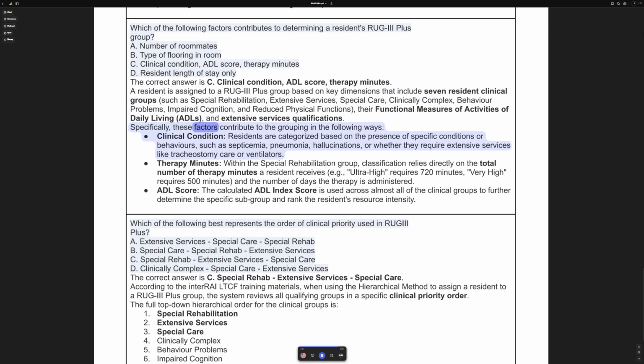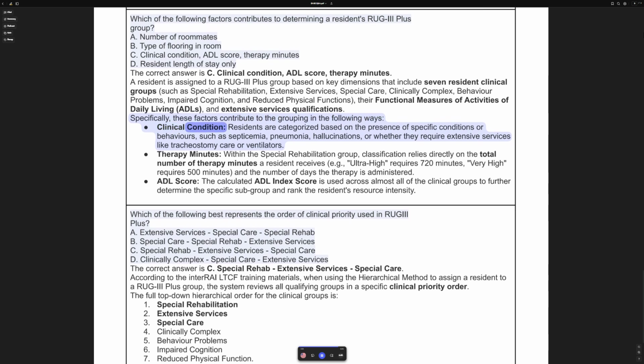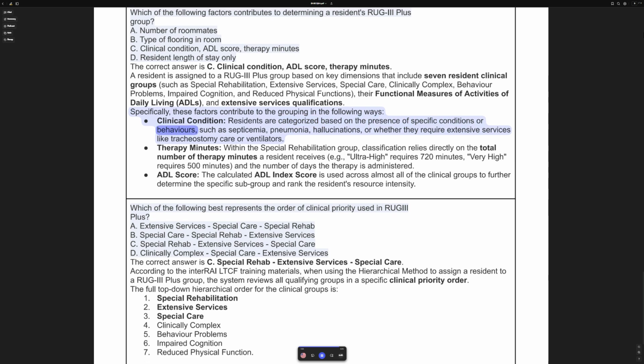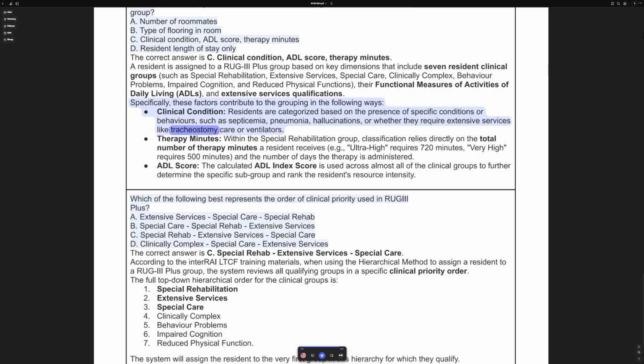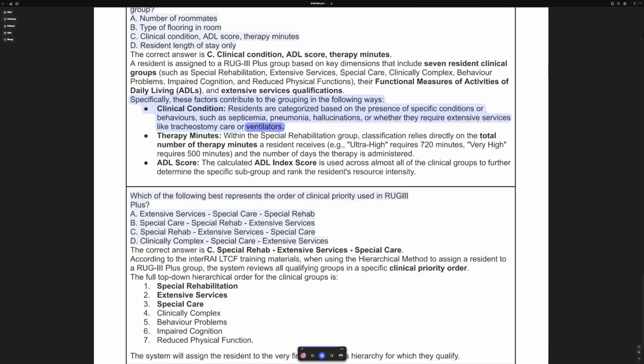Specifically, these factors contribute to the grouping in the following ways. Clinical condition: residents are categorized based on the presence of specific conditions or behaviors, such as septicemia, pneumonia, hallucinations, or whether they require extensive services like tracheostomy care or ventilators.